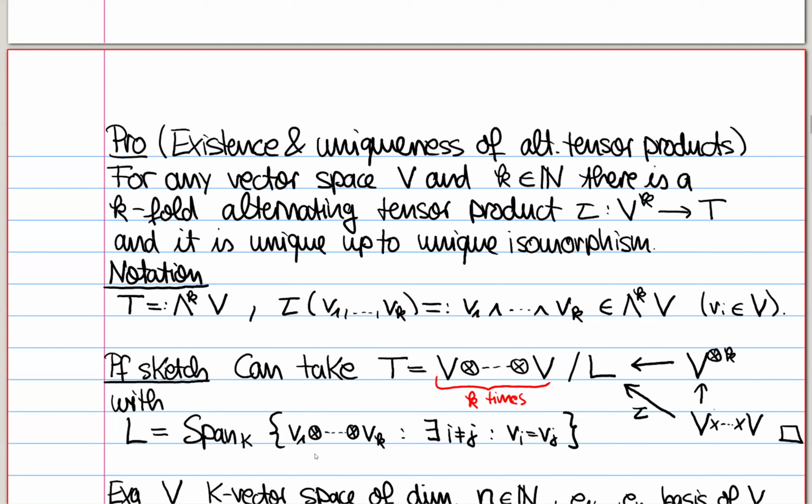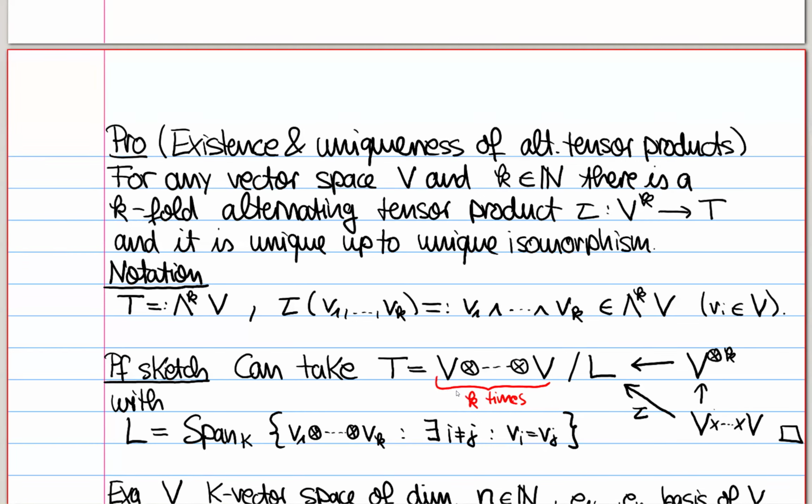And so what you just do is, inside this tensor product, you look at L, the span of all these possible tensor products with two repeated entries, and then you divide the full tensor product by L, and you call this T. Then you have this k-multilinear map, and you compose it with this linear projection map; this tau is still a k-multilinear map, which is alternating because all of these things where you repeat two entries are killed.